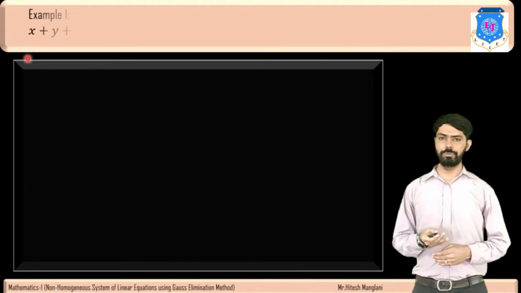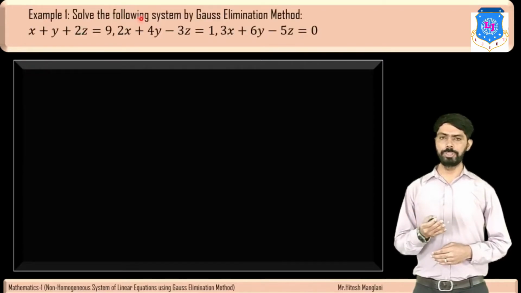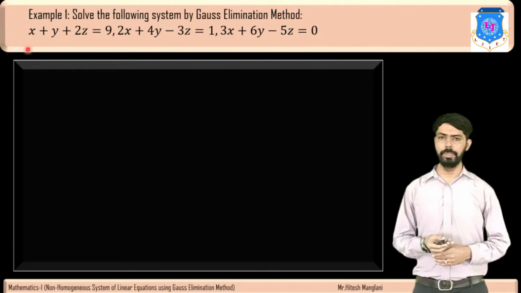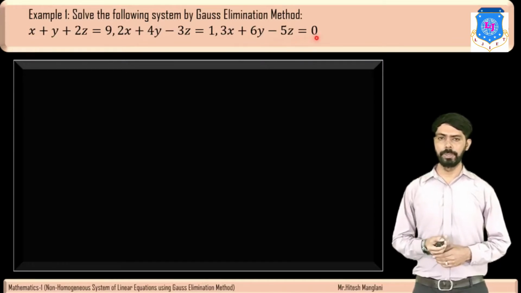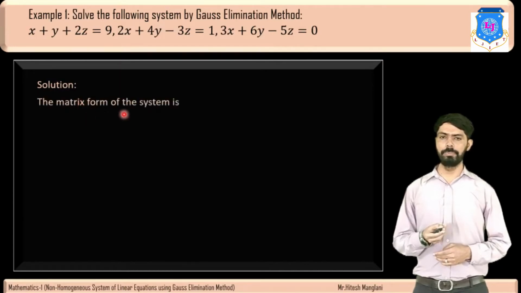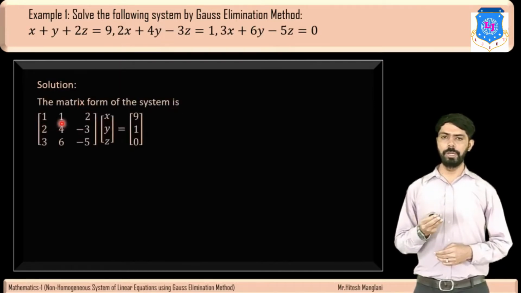Now let us discuss the first example. Solve the following system by Gauss elimination method, and the equations are x plus y plus 2z is equal to 9, and 2x plus 4y minus 3z is equal to 1, and 3x plus 6y minus 5z is equal to 0. So first of all, the matrix form of the given system is [1 1 2; 2 4 -3; 3 6 -5].